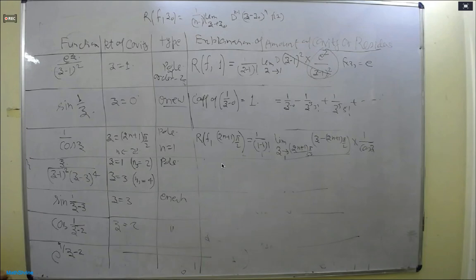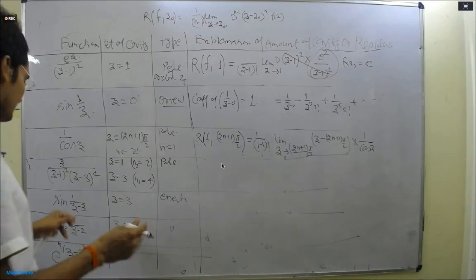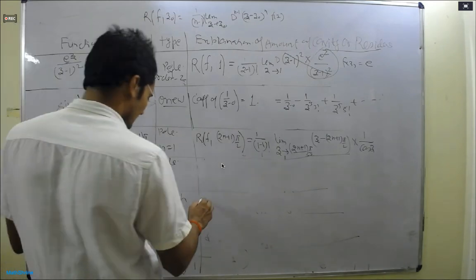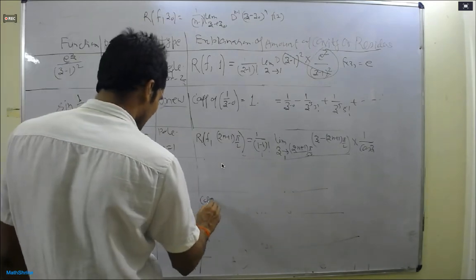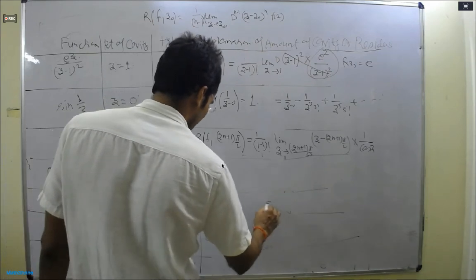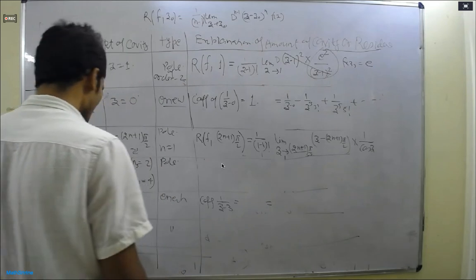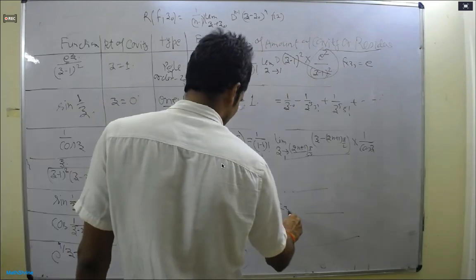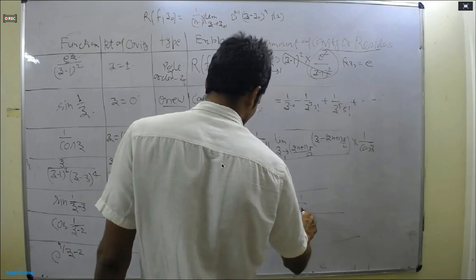Now you see here z is equal to 3, essential. Again expand this. So here the coefficient of 1 upon z minus 3, that's what we need to calculate. If you open the expansion here, this will be 1 upon z minus 3 plus 1 by 3 factorial, minus z minus 3 whole square, plus and so on.